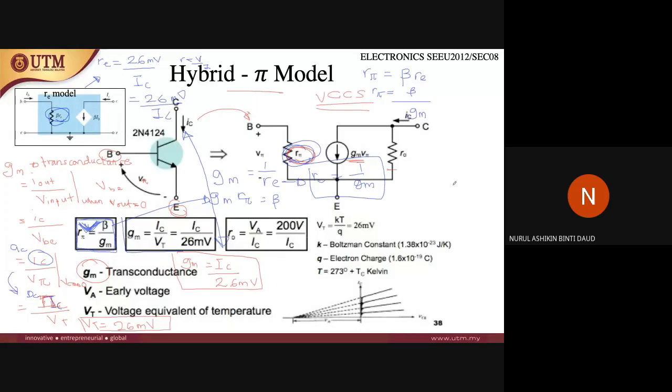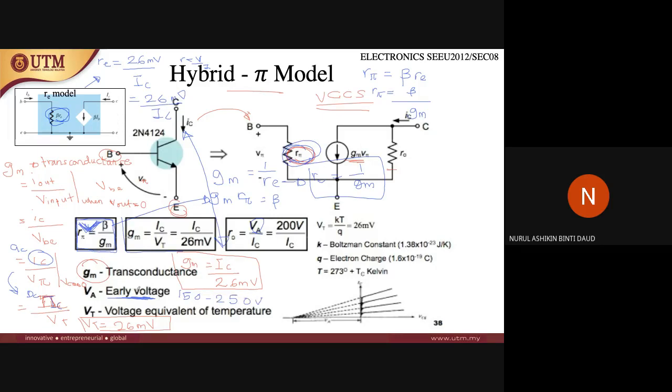And for the RO part, it equals VA over IC. What is VA? VA is the early voltage. Usually the value is between 150 to 250 volts.